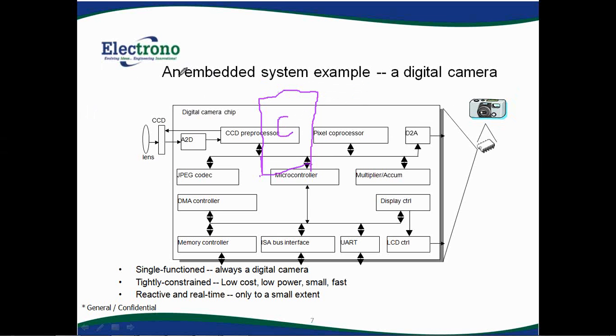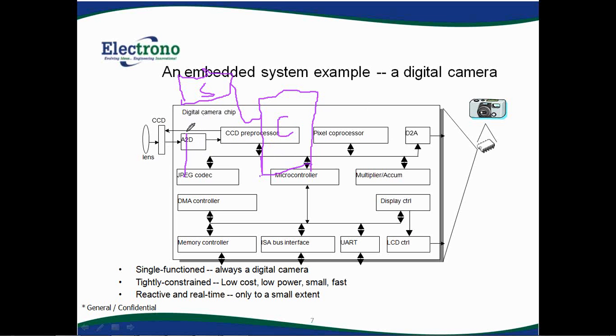It can have a sensor unit, which is interfaced with your controller. Again, as I said, an embedded system is an interface between your hardware and the software. The controller can be a microcontroller, microprocessor, or so, which is software driven.